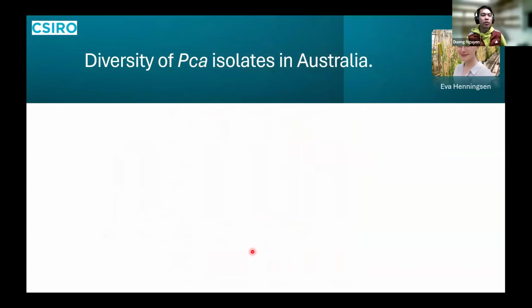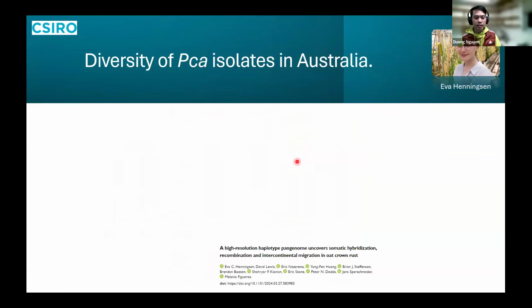Those were the results from the study in the oat plant. And now I'd like to highlight some findings from the pathogen work done by PhD student Eva Henningsen. In that study, she looked at the diversity of the PCA isolates in Australia, and the paper has recently been submitted as a preprint.